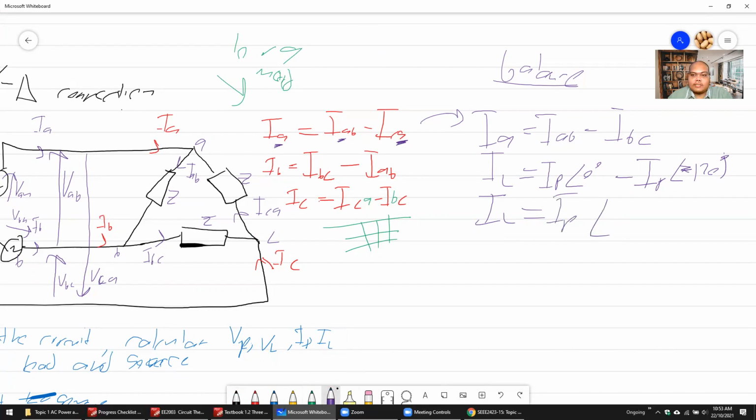I phase 1 angle 0 degrees minus 1 angle negative 120. So you get I line is equal to I phase square root 3 angle negative 30 degrees.